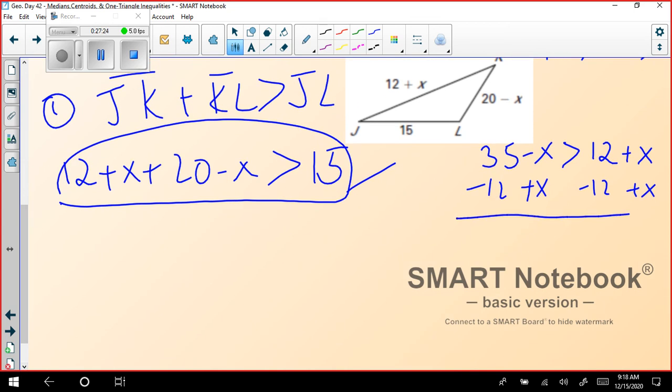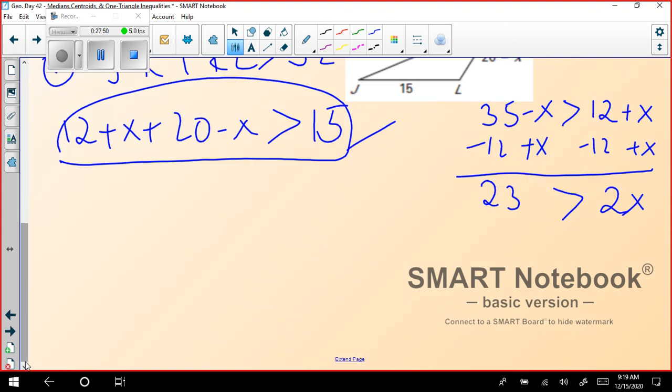So that gives us 35 minus 12, which is 23, and the x's get crossed out here, the 12s get crossed out, and x plus x is 2x. Dividing by 2, I get x less than 23 over 2. From this one I get this particular conclusion.